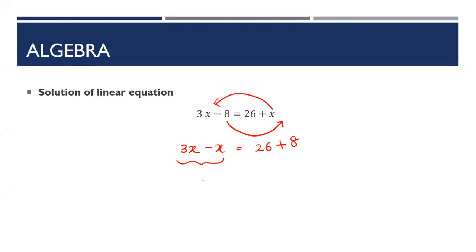So 3x minus x is 2x, 26 plus 8 is 34. So I divide both sides by 2. So x is 34 divided by 2, and it is 17. So we are getting the answer for x is 17. Okay. So that is our question 2.